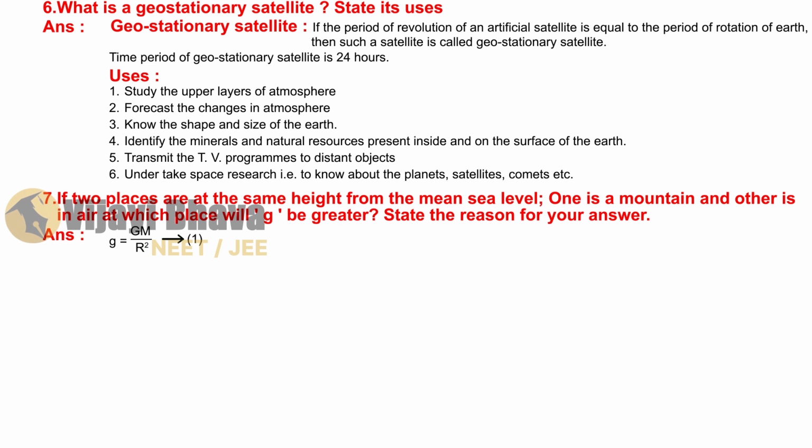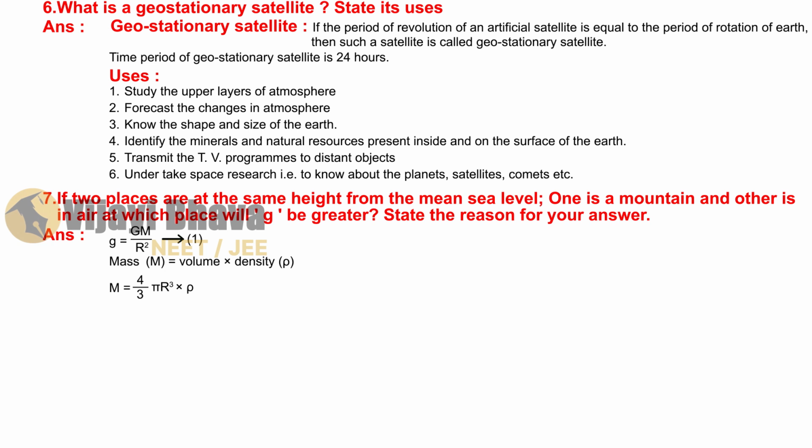But we know from the definition of density, rho is equal to m by v, mass by volume. From this, mass becomes the product of volume and density. The earth is said to be spherical in shape. Volume should be taken as 4 by 3 pi r cube, the volume of the sphere, multiplied by the density rho.